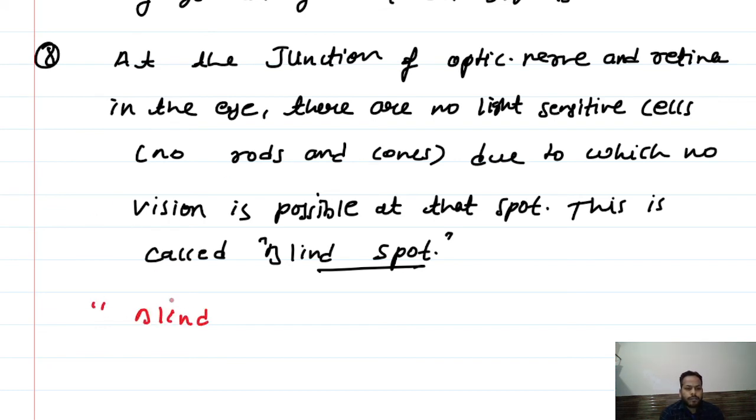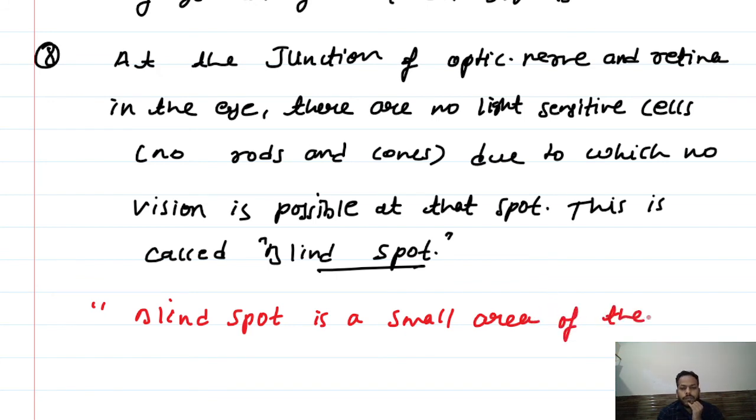Blind spot is a small area of the retina, insensitive to light, where the optic nerve leaves the eye. Only this much is sufficient.